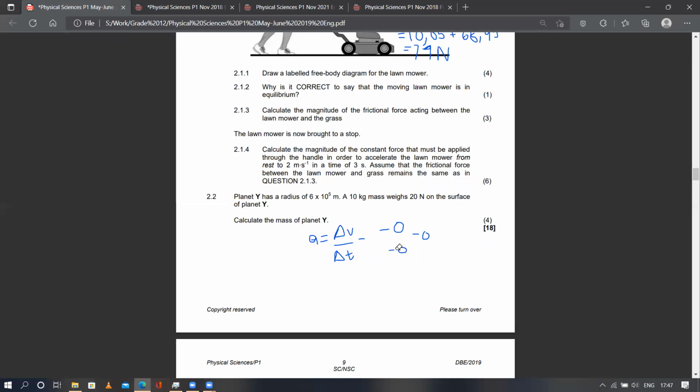And the next question is here: a planet Y has a radius of 6 times 10 to the exponent 5 meters. A 10 kg mass weighs 20 newtons on the surface of the planet. They want us to calculate the mass of the planet.